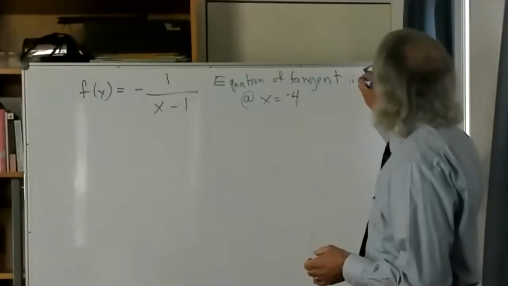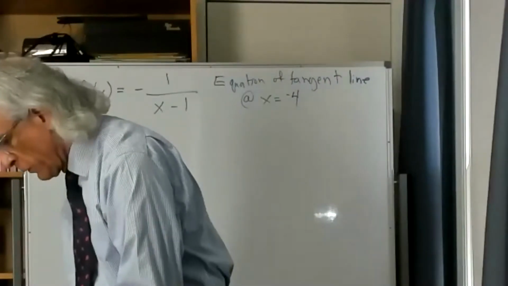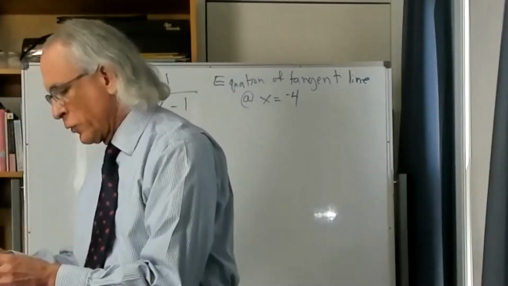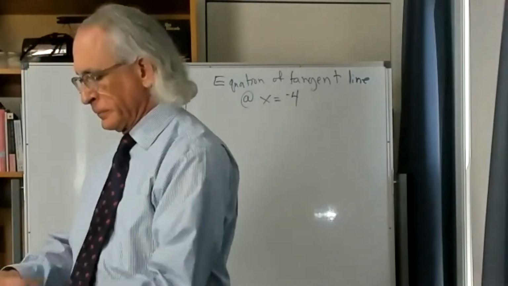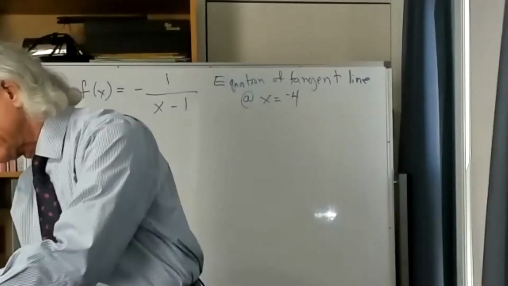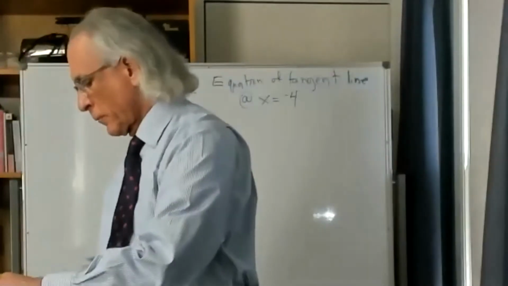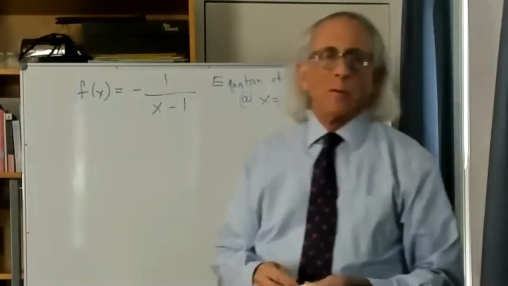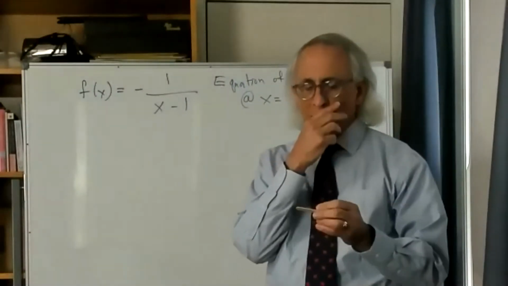So if I need to find the equation of the tangent line, we'll call it the tangent line, to make it a little bit more specific here. What is the formula for the equation of a line?